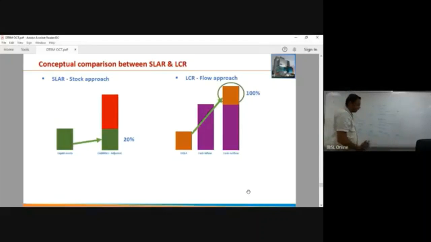Now the regulation says you should have a minimum of 100% coverage. That means you have to have a minimum of 400 million in liquid assets. How much do you have? 475. So your coverage is more than 100%.